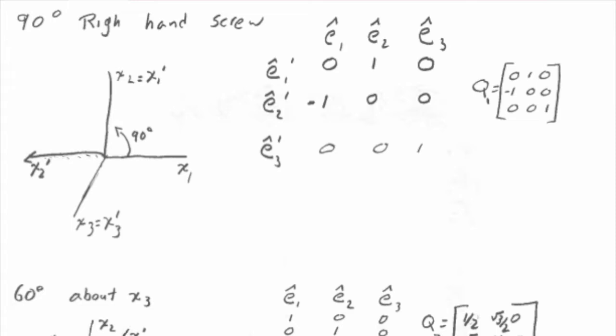all right, so the first one, if we have a 2D coordinate, all right, this was x1, x2, and I said a 90-degree rotation about x3, right? So if this is x1, x2, x3 is coming out of the board at us.